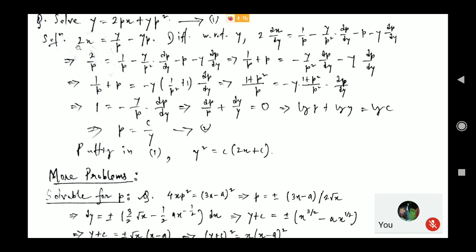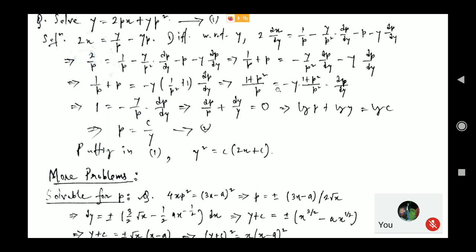So we write twice x equal to the other variables on the other side. Then differentiating both sides with respect to y, we get this. Then after simplification, we arrive at this equation. 1 by p plus p equal to this. Now we simplify further and obtain this equation.